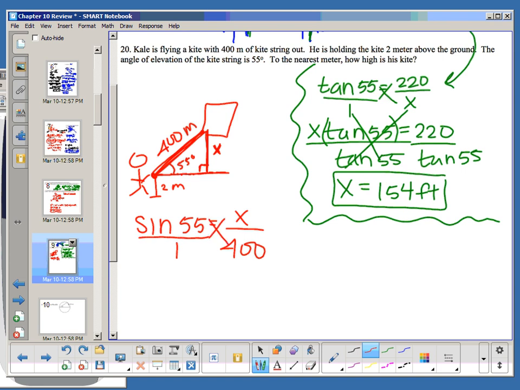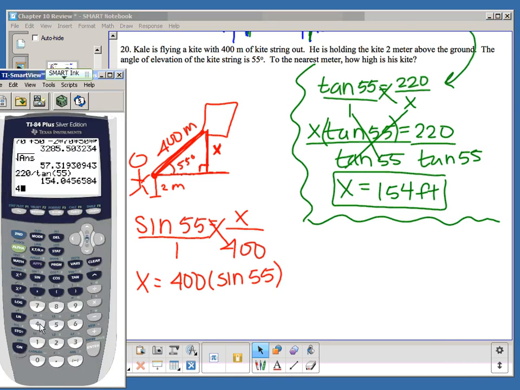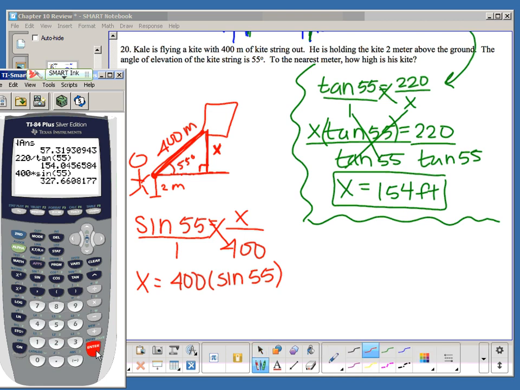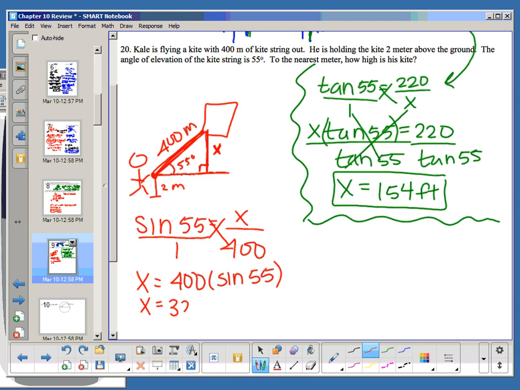I can cross multiply, and this one's nice. I get x equals 400 times the sine of 55. And 327.6 is how high the kite is from his hand up.